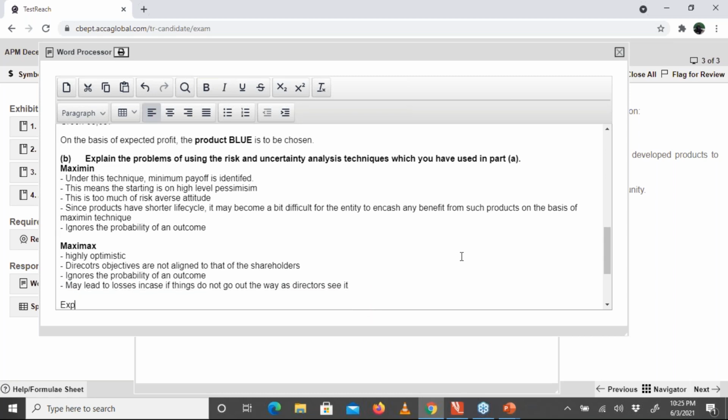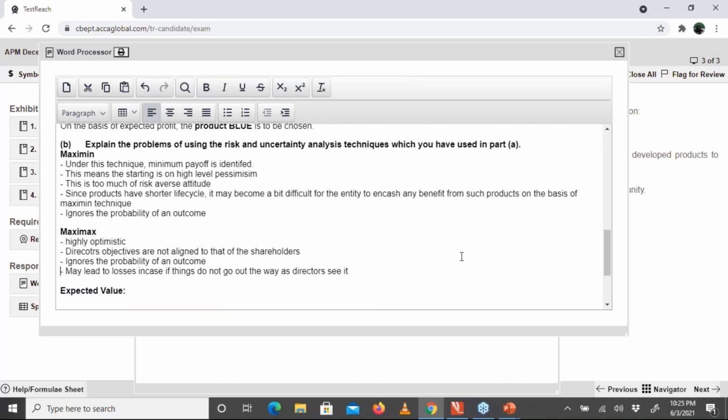Now, with respect to the expected value, you could say that it averages out the highest and lowest returns.